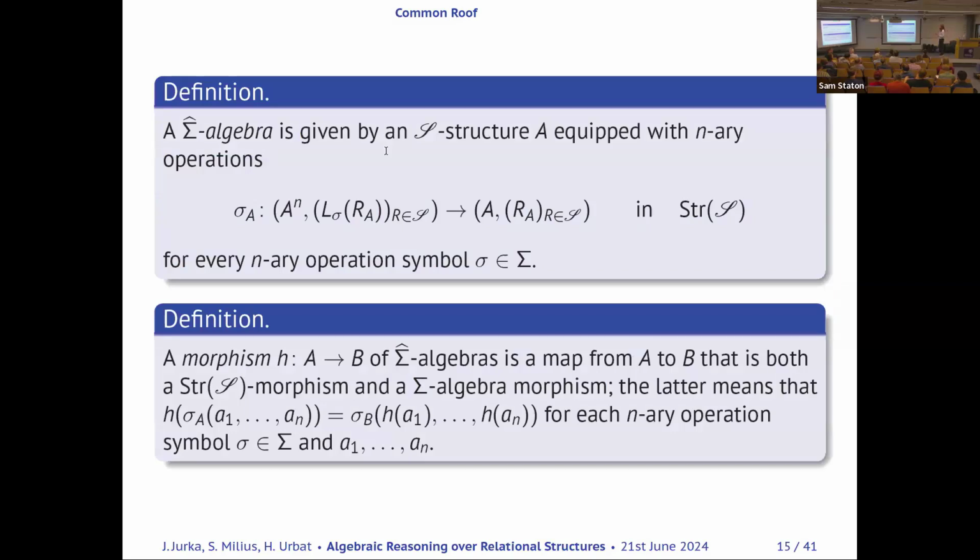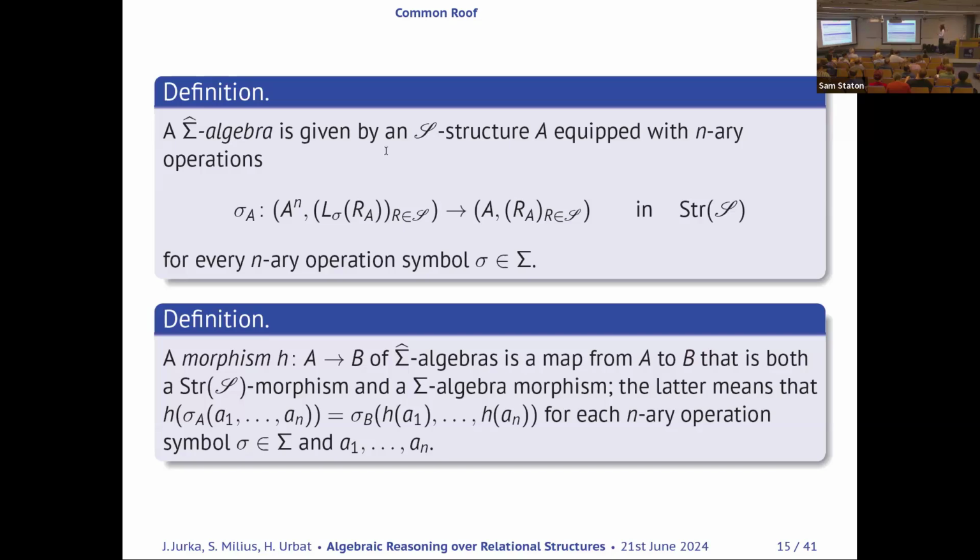And also we will fix kappa such that each arity is below kappa. Each operational arity. So now what is a sigma hat algebra? So an algebra for this lifted signature. It's first of all a relational structure that comes also equipped with these operations that lie in structures as structures, so that they preserve relations.